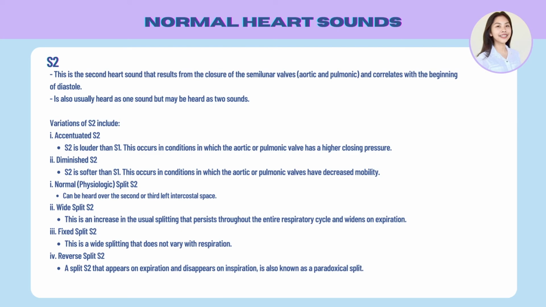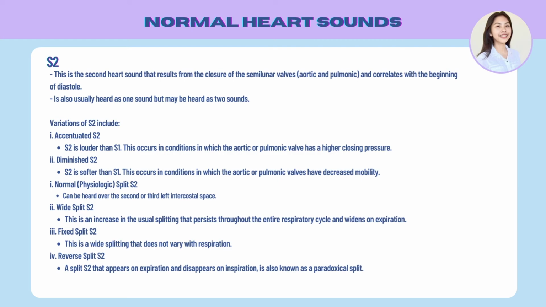For diminished S2, S2 is softer than S1. This occurs in conditions in which the aortic or pulmonic valves have decreased mobility. Examples include decreased systemic blood pressure and aortic or pulmonic stenosis.